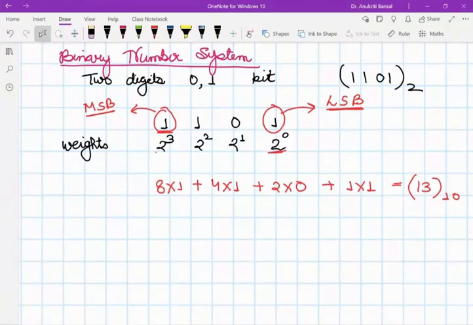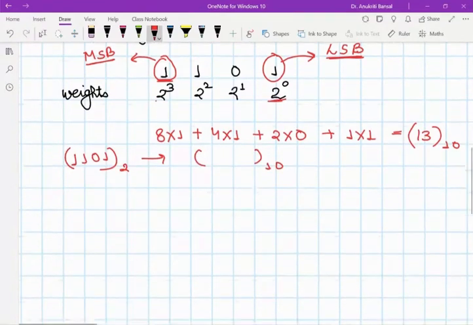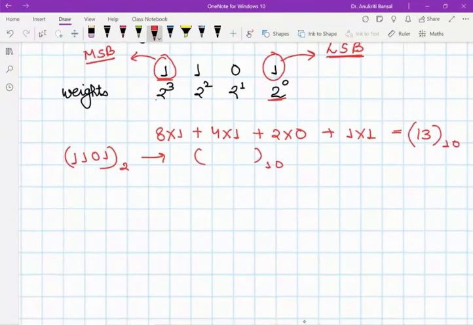Ma'am, can you repeat? So this is my binary number. If I want to find the corresponding decimal number representation of this binary number, what I will do is multiply the weight with the corresponding bit and add all of them together. Okay, ma'am.